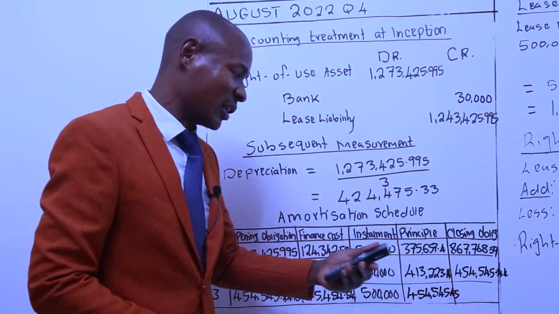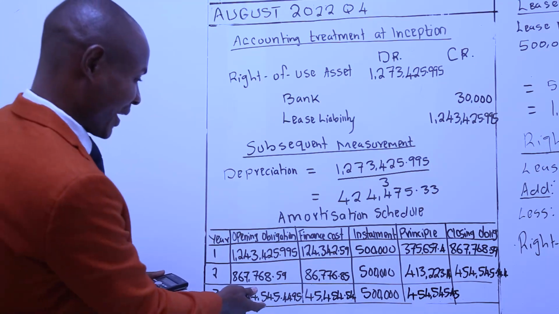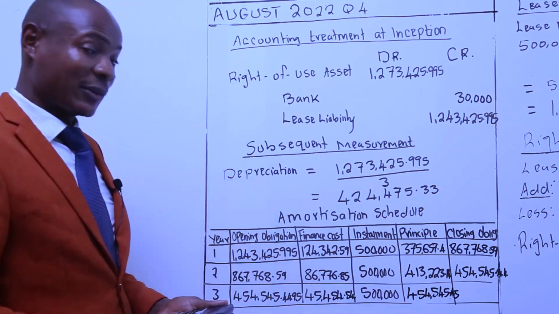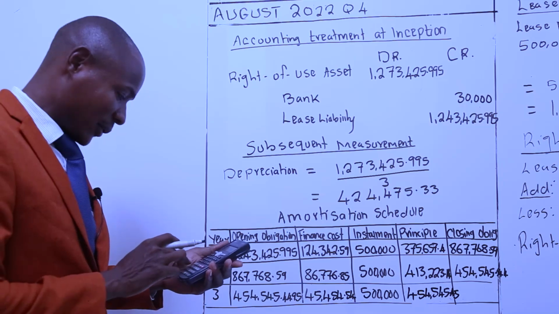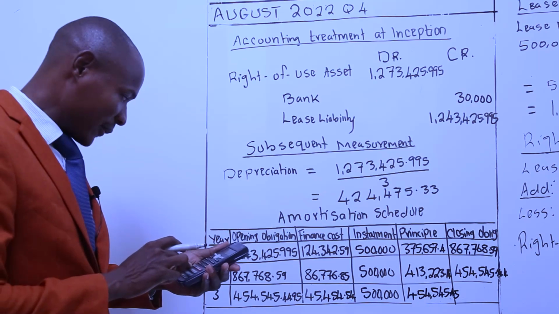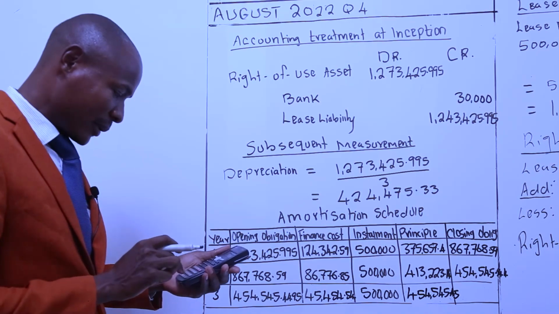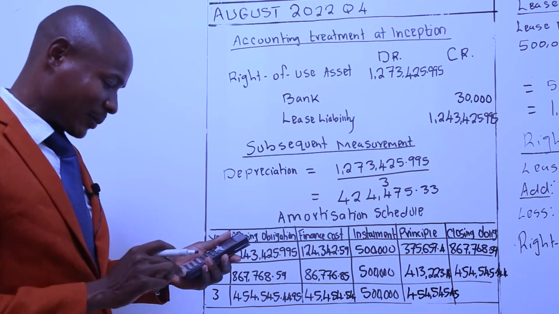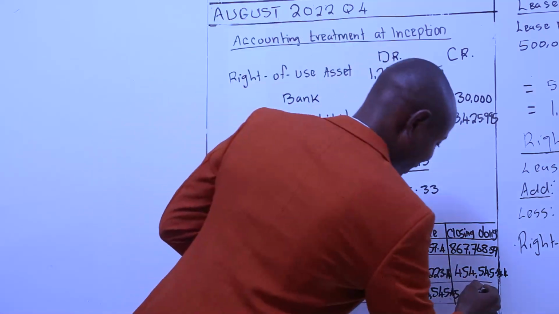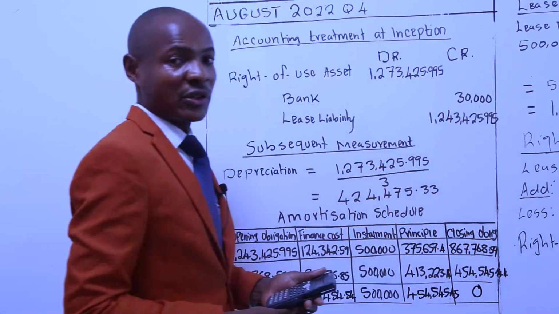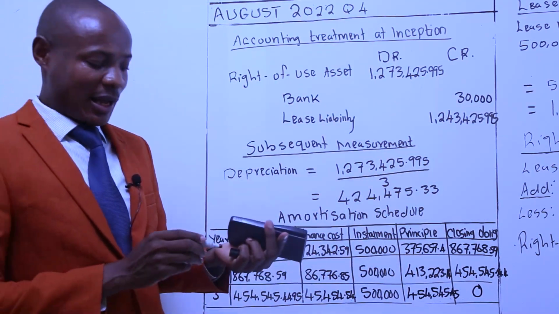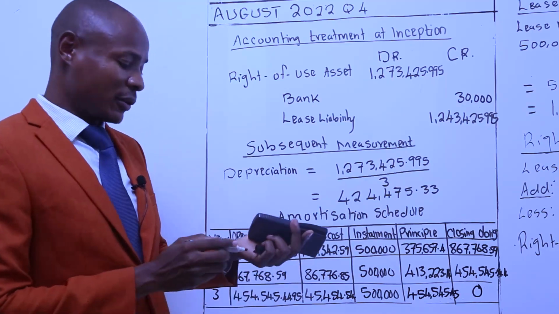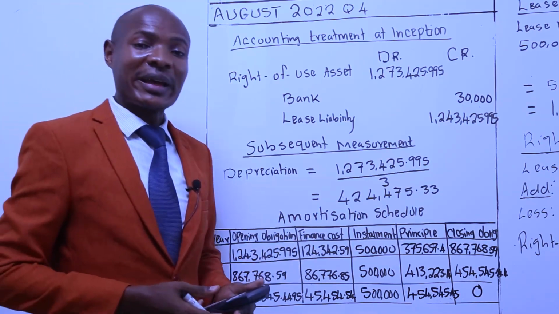If you subtract this from this, the answer will be 0. So that's how we run the amortization schedule for a loan where the payments were being made in arrears.